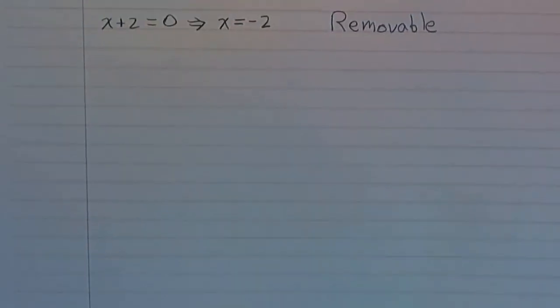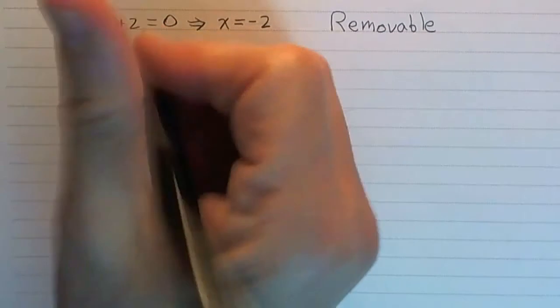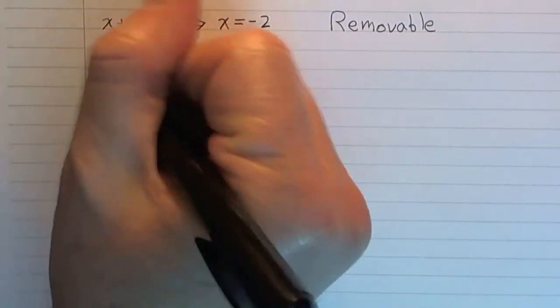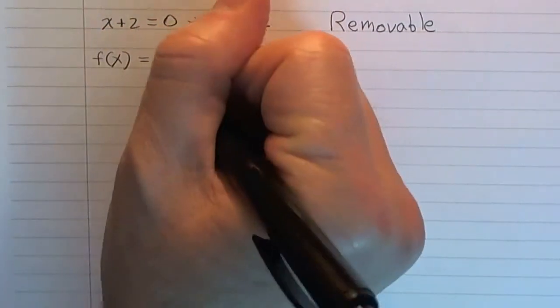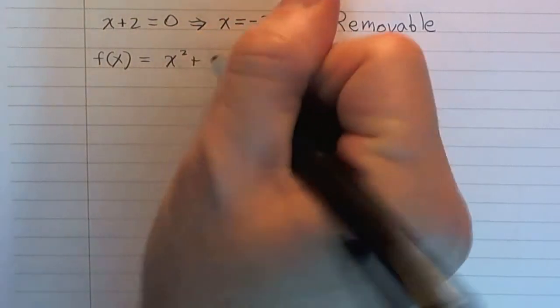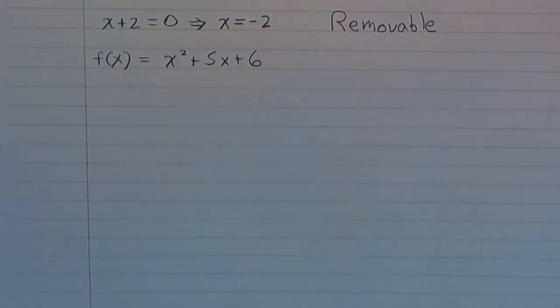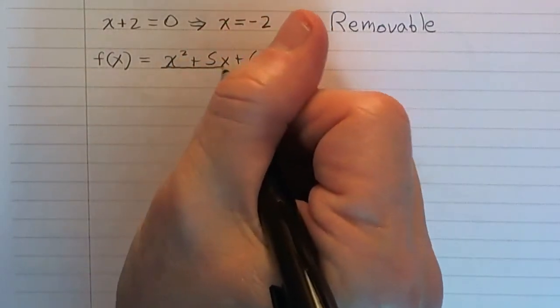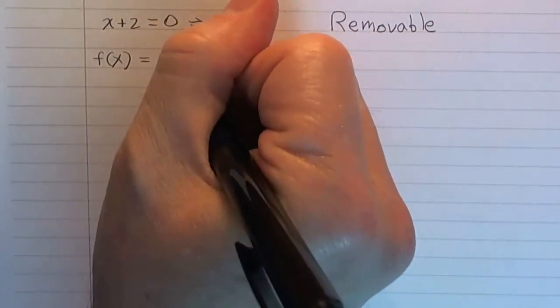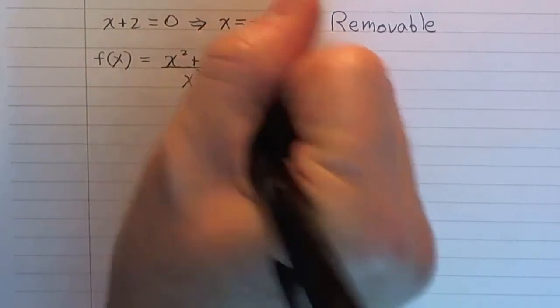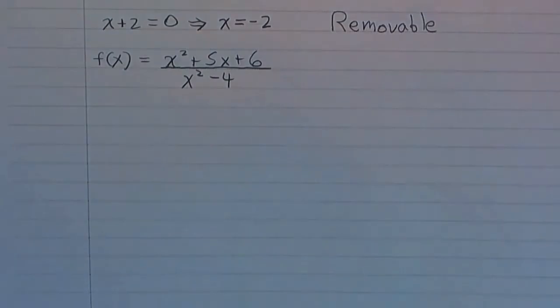Now let's look at another example here. Let's suppose that we've got another function, and let's suppose it looks very much like this function. And down here we have, let's say, x squared minus 4.